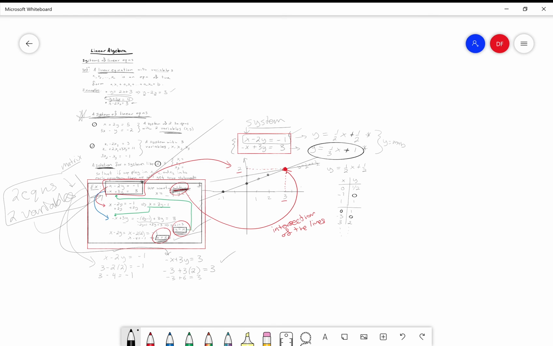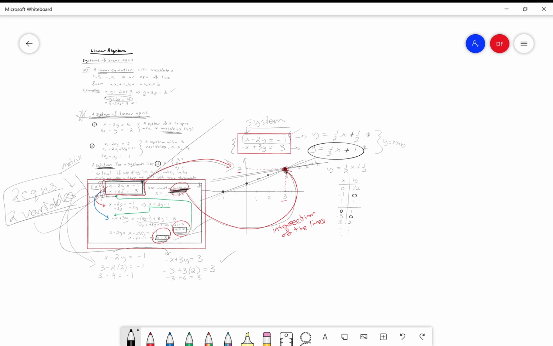Okay? And geometrically, what is the solution for a system of linear equations like this? Well, a system of linear equations like this with 2 equations and 2 variables represents 2 lines in space, these 2 lines right here, okay? And the solution represents the intersection of the 2 lines.